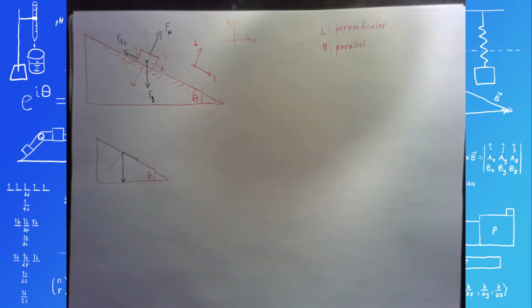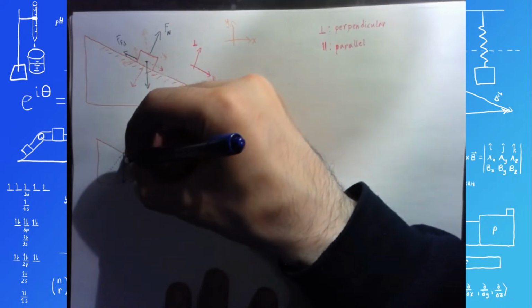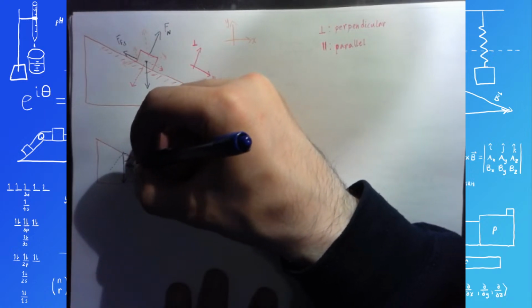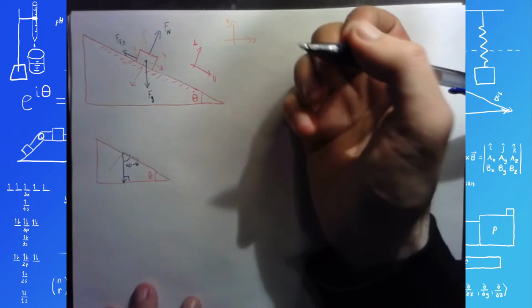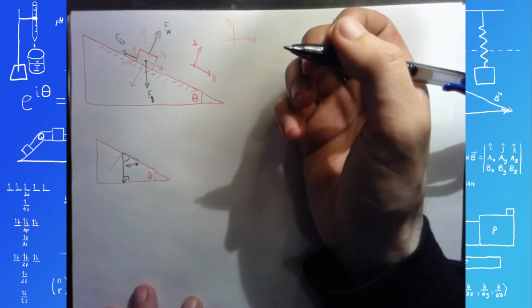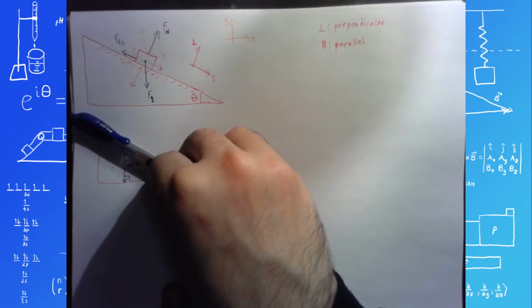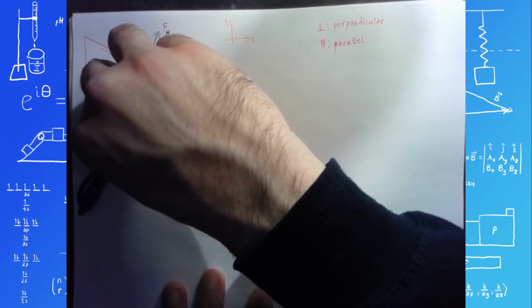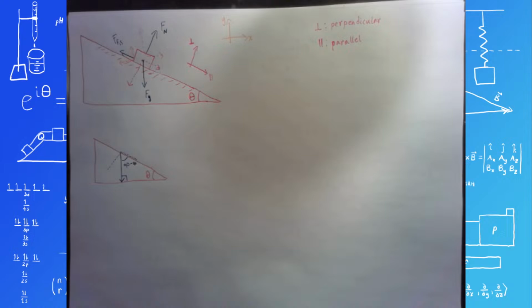So I know that if this is theta, then this angle over here has to be 90 degrees minus theta, because this over here makes a right triangle. Also, I know that if this component is parallel to the incline and this component is perpendicular to the incline, then those components must be perpendicular to each other.